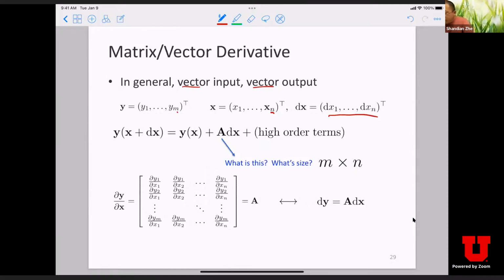And then how do we define dy over dx, or partial y over partial x? They can roughly be viewed as exchangeable.